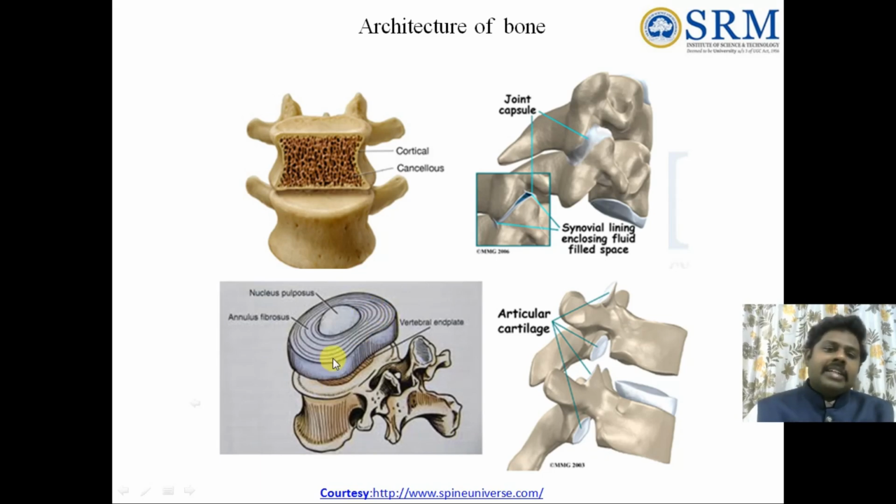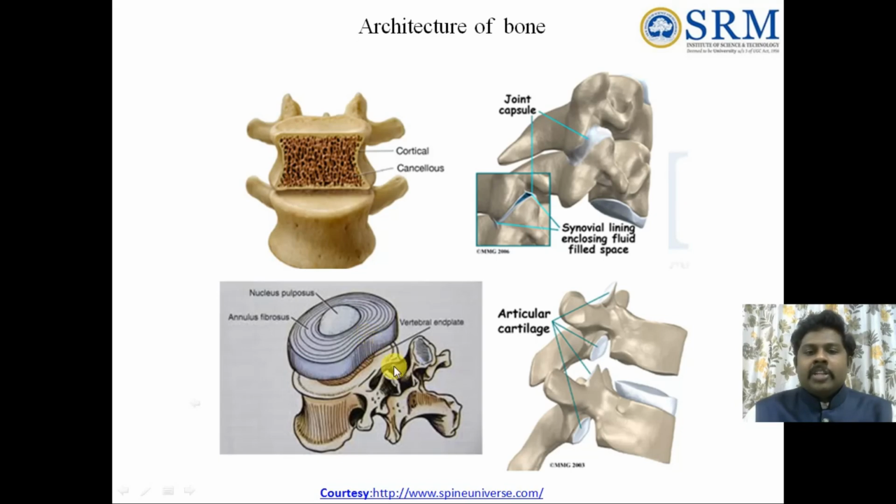Now after this, at the top there will be a layer called the vertebral end plates. The main aim of the end plate is that it will join with the cortical. The top and bottom plates we will call the inferior and superior vertebral plates.